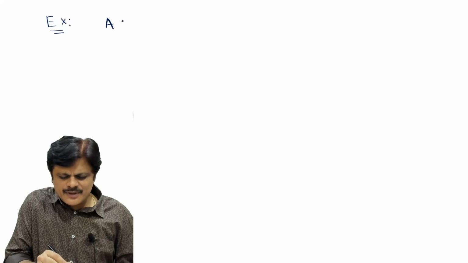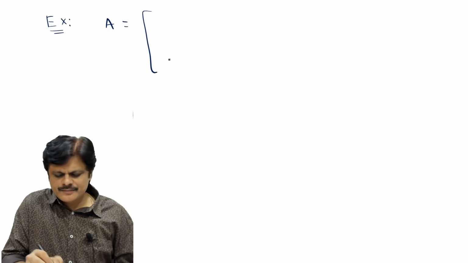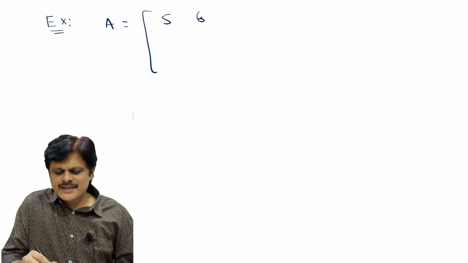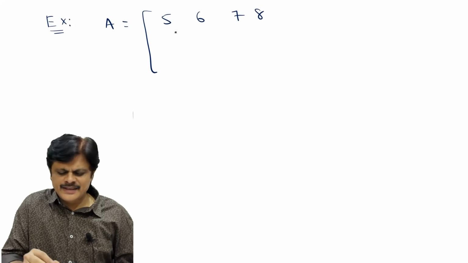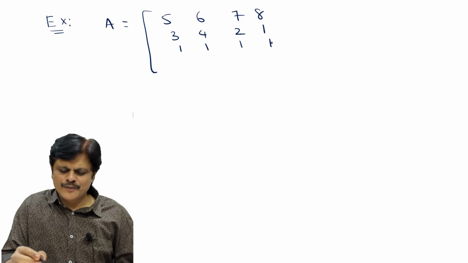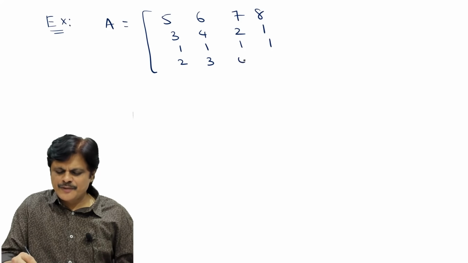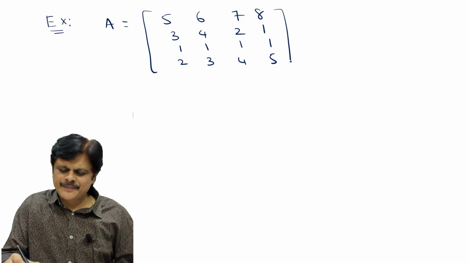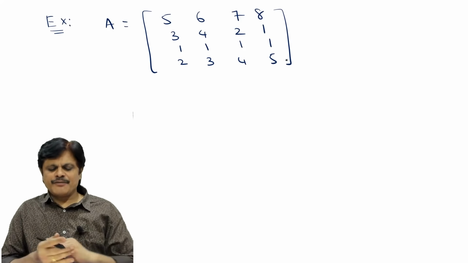Consider the following example: 5, 6, 7, 8, 3, 4, 2, 1, 1, 1, 1, 1, 2, 3, 4 and 5. So it is a 4 by 4 matrix.